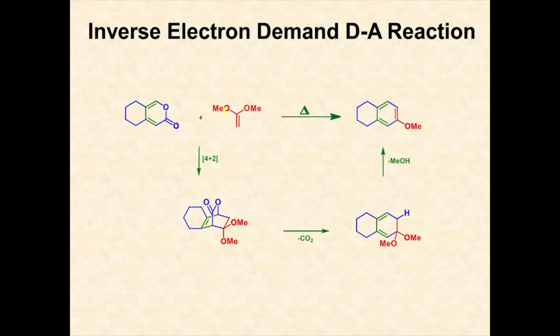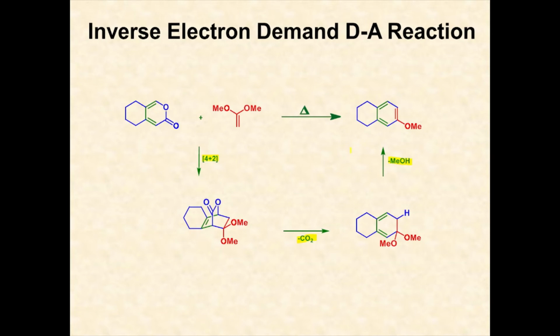Then it reacts with the vinyl system here with the dimethoxy substitution, making it more reactive towards the diene, and the 4+2 cycloaddition reaction gives us the following product, which undergoes decarboxylation followed by removal of the alcohol molecule, giving the desired aromatic ether molecule, where the aromatic ring is fused with another aliphatic ring structure.